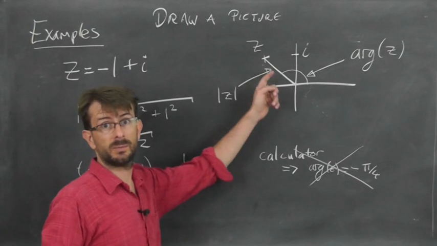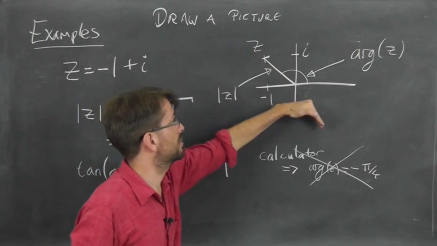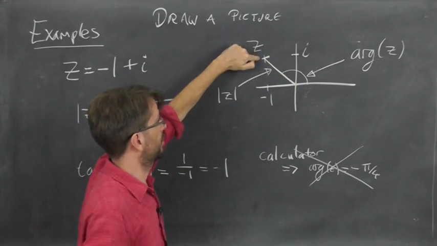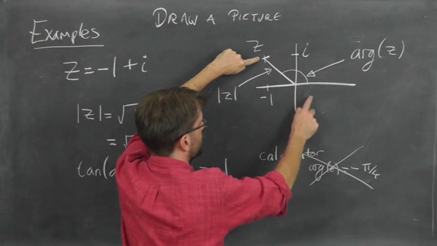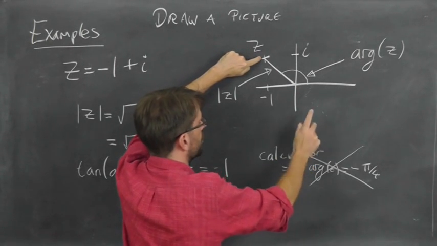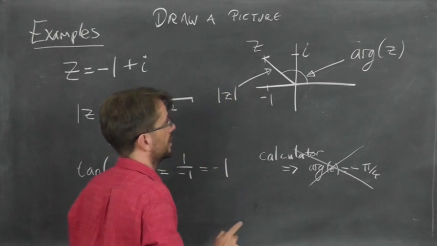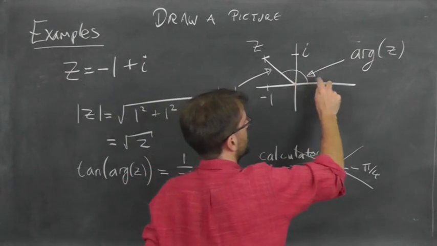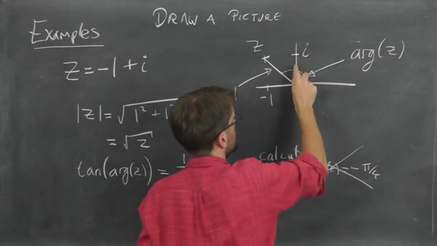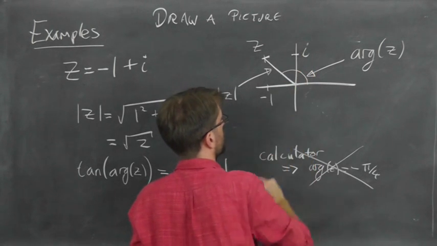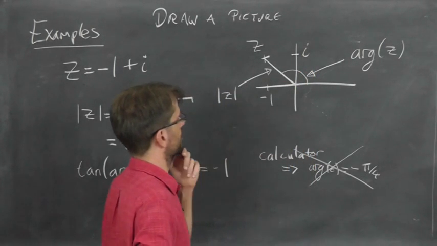And that has the same tangent, so that has the same slope as that point. So the point down here has the same slope running through the origin as that point. So they have the same tangent. Okay, so we have to be a little bit cleverer. So we know that the argument here is greater than pi by 2 and less than pi. Well, there's various ways we could work that out.